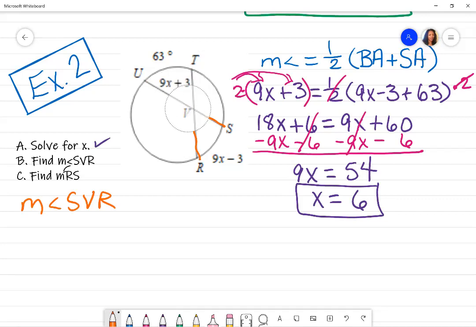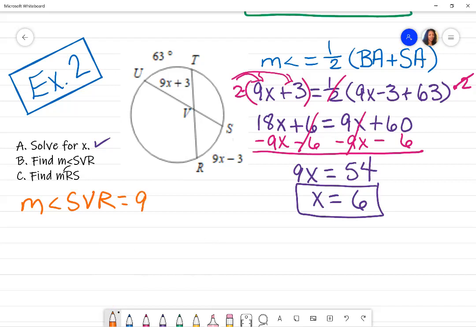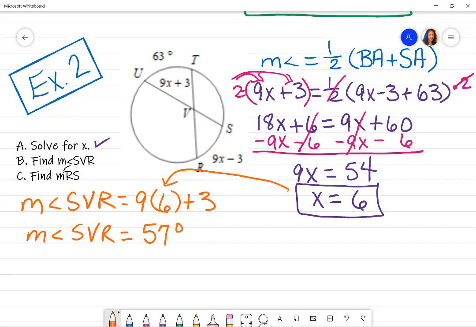So the angle across from it is shown as 9x plus 3. We just found what the x equals, so we'll just substitute in for x as 6. And so therefore, the measure of angle SVR is 54 plus 3, which is 57 degrees.